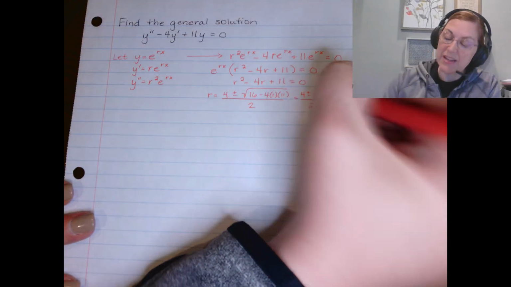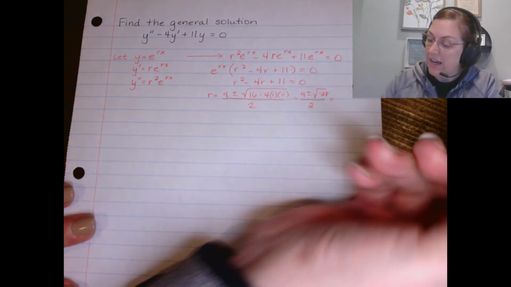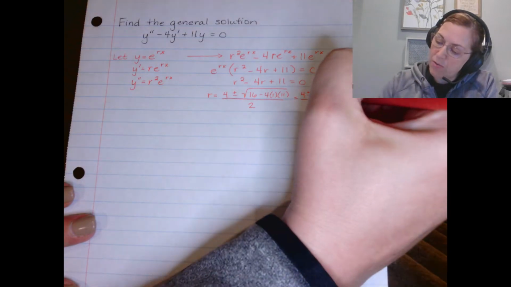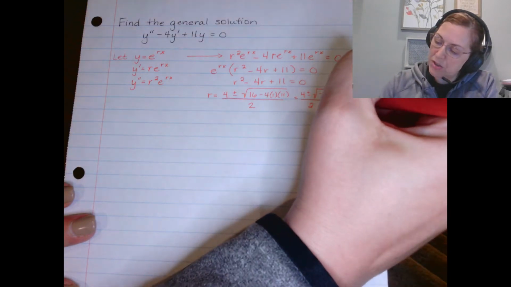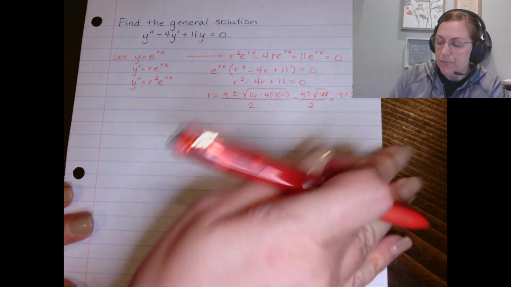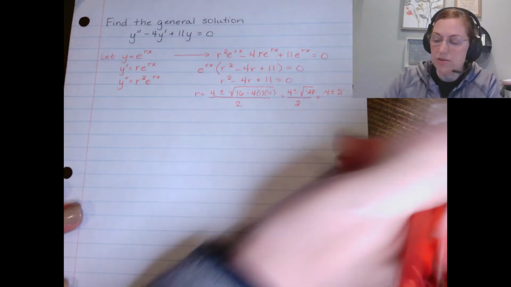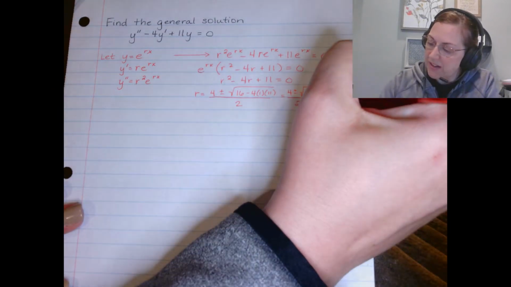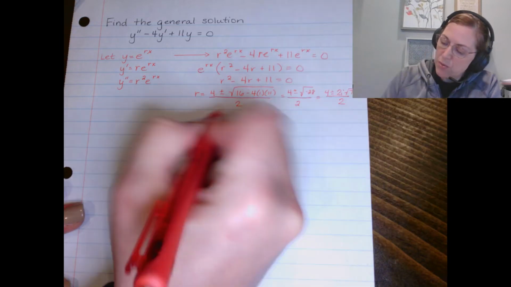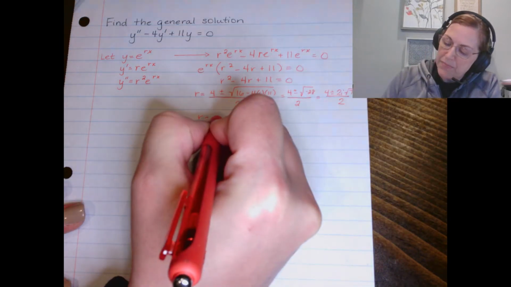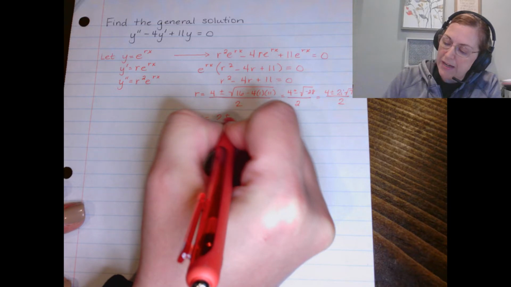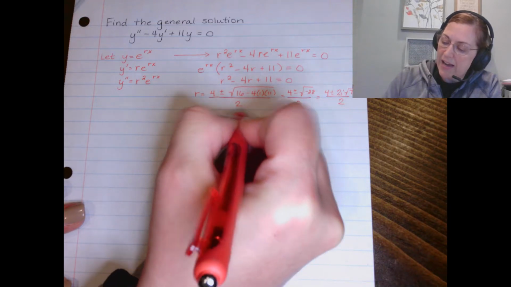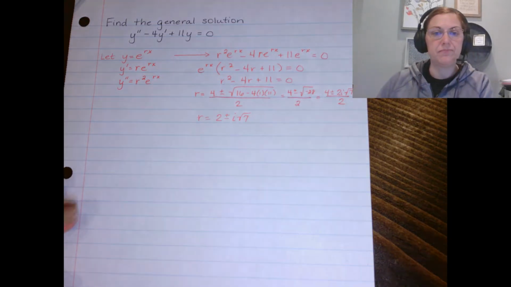And that's going to be a complex solution because we have the i under there. So I've got 4 plus or minus 2i if I take the square root of 4 out, and then I've got a square root of 7 left, all divided by 2. So it looks like r is going to be 2 plus or minus i times the square root of 7.